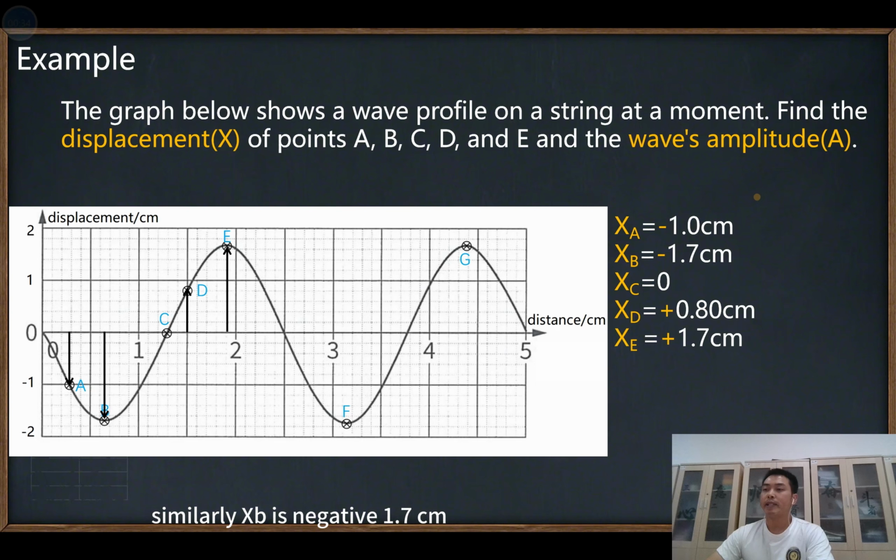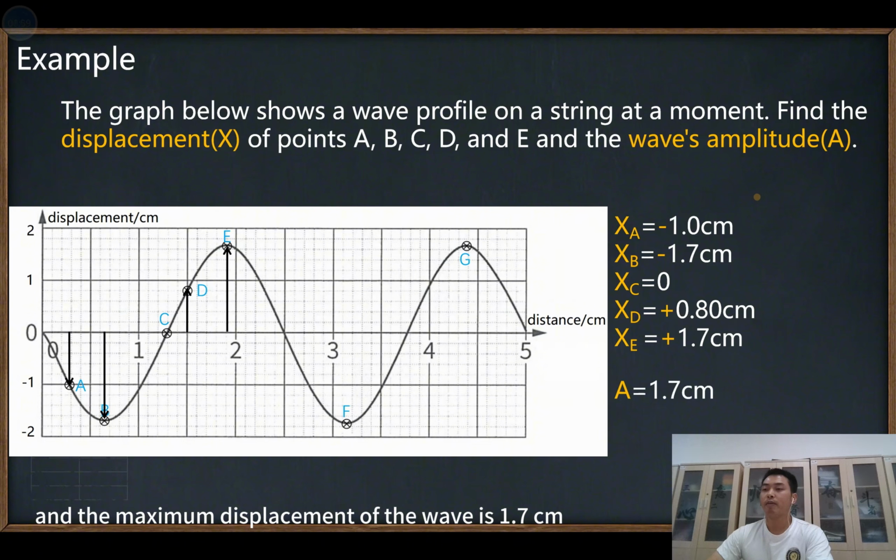Similarly, XB is negative 1.7 cm, and C is at the equilibrium position, so no displacement. Then point D is 0.8 cm above its equilibrium position, so XD is positive 0.8 cm. Similarly, XE is positive 1.7 cm. And the maximum displacement of the wave is 1.7 cm, so the amplitude is 1.7 cm.